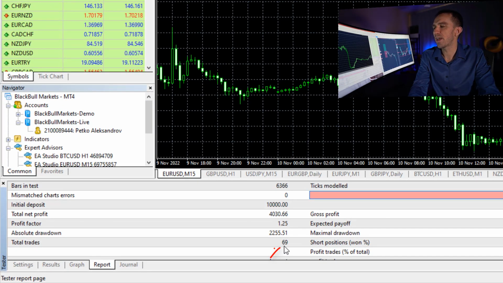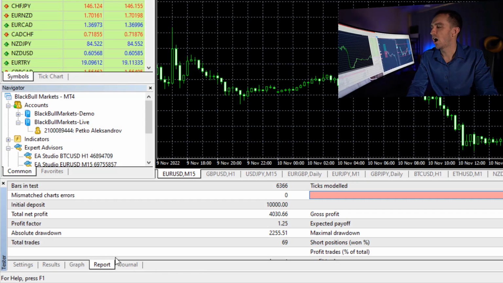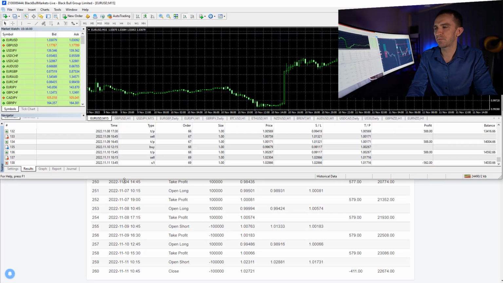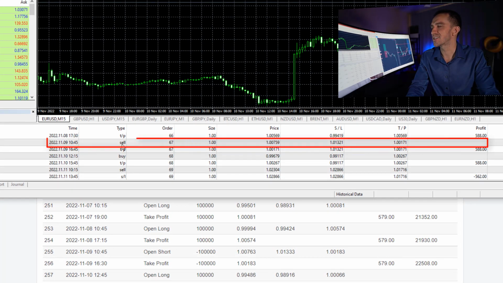However, you can see that here we have just 69 trades because MetaTrader does not offer that much historical data like what we see on AI Studio. But if I compare some of the trades, for example, these are the very recent trades. I will scroll down to the backtester of MetaTrader and you will see that on the 9th of November, which was about 2 days ago from the time I'm recording that video, we had a short trade, sell type of a position at 10:45, and on the 9th of November at 10:45 we have a short trade.